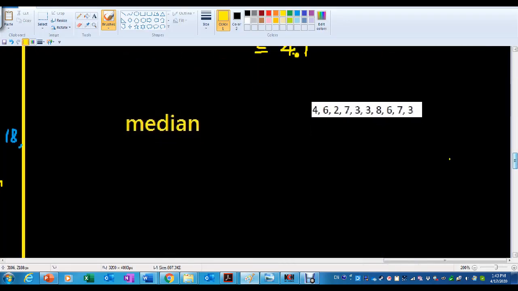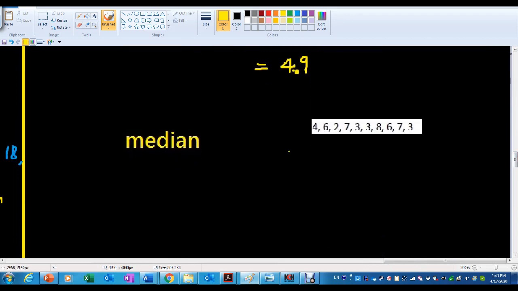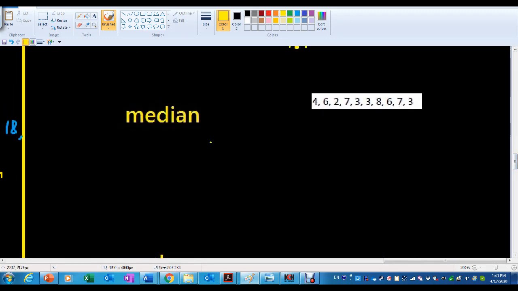Okay, let's see what you have. Are you all right with the median and mode? For the median, you need to do the rearrangement first. So you need to put the numbers into ascending order.